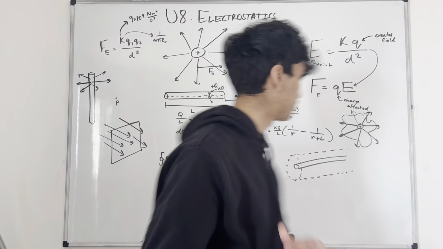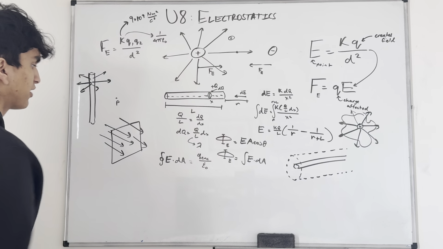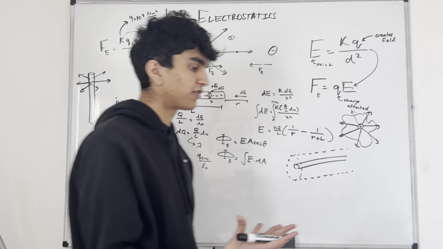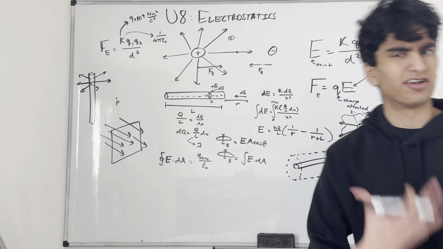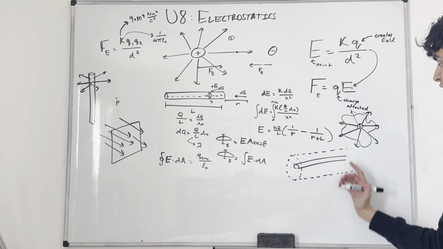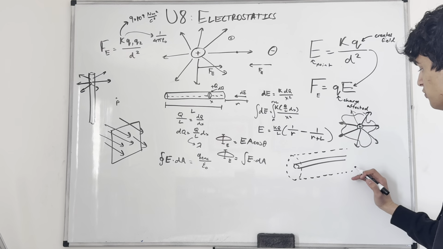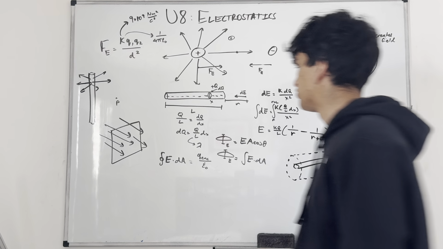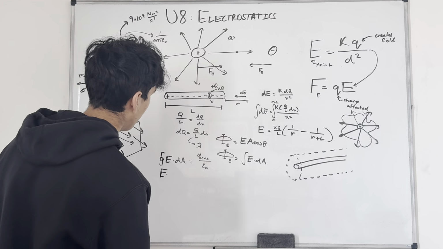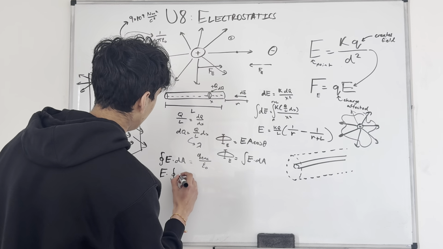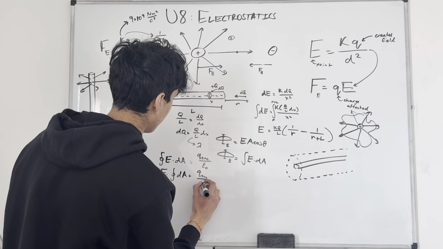That allows us to take the E out of the integral. The electric field would not vary with the area; it's a constant value for that entire surface. So I can say E times the closed integral of dA is going to equal Q enclosed over epsilon naught.